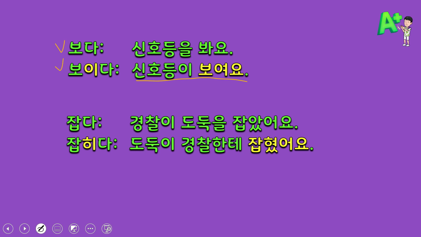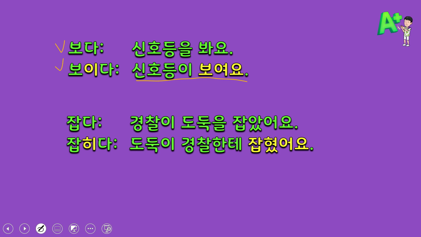But in Korean people use the passive voice in the same situations. So they actually prefer the passive voice. Therefore, they will say something like, is the traffic light being visible? Or is the traffic light seen?